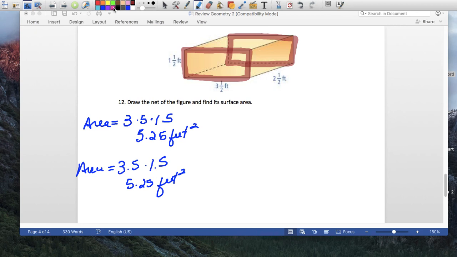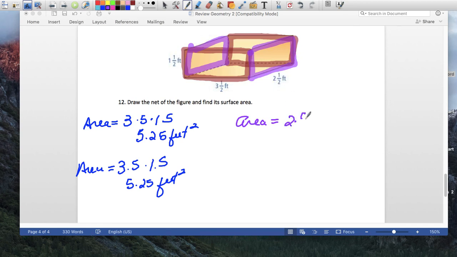Let's take a different color, purple, and let's do this side here. There's one on this side, and there's one on that side. The two numbers that are relevant for this are 2.5 going this way and the height.